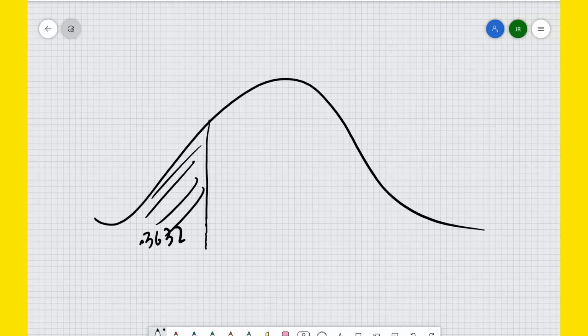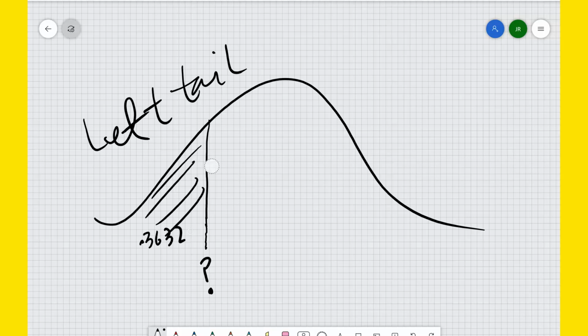And you're trying to find what is this value that has that area. So that means you're looking for what is called a left tail. That's telling you the value here that has that much area to the left of it, or less than that.